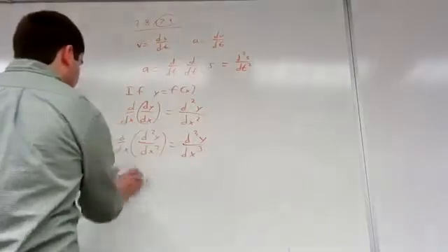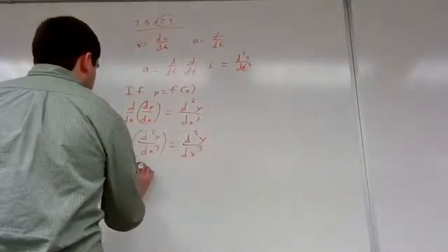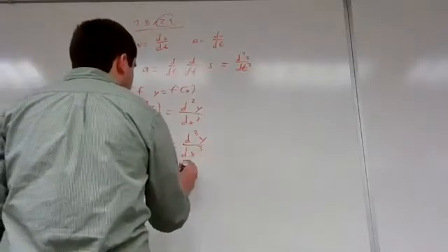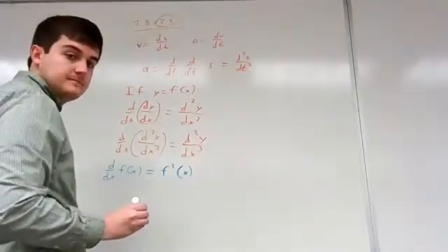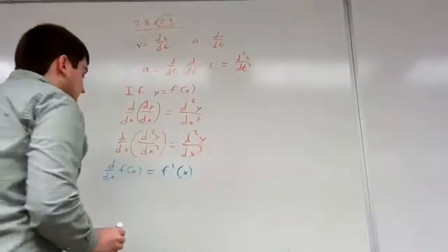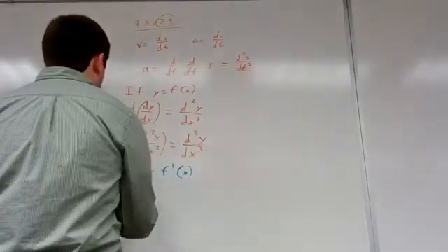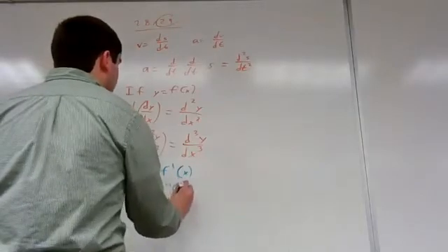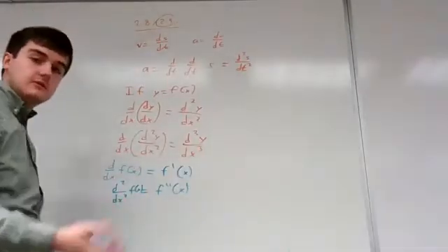If I'm taking the derivative of f of x, then this is the same thing as f prime of x. Then if I want to do the second derivative of f, this is the same thing as f double prime of x. And if I do the third, it'd be triple prime and so on.